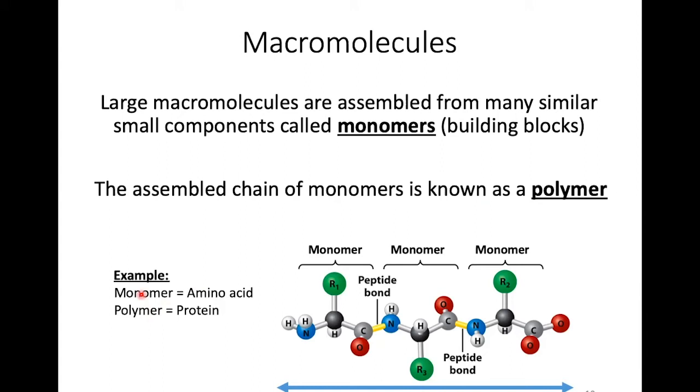So here we're looking at an example of our macromolecule protein. This is a very simple protein that's been made up of 3 individual monomers, and those monomers are the amino acids. You can see here's one amino acid, linked to another by a peptide bond, linked to a third by another peptide bond.